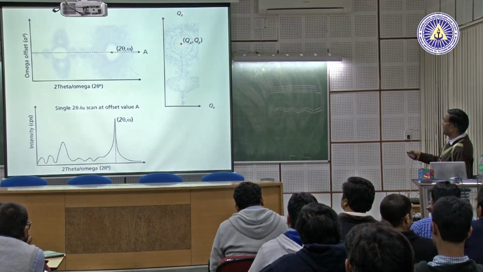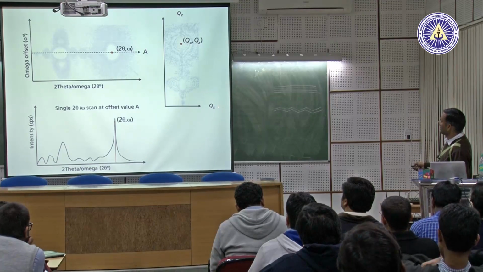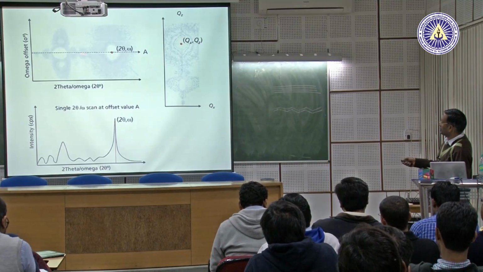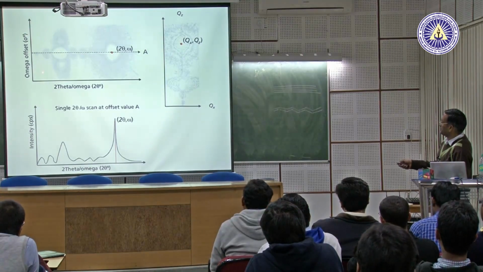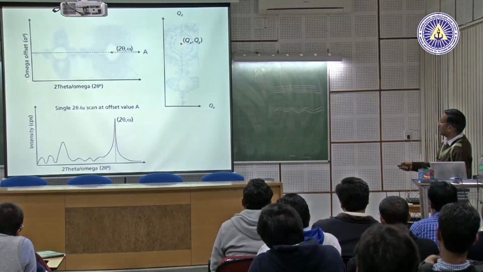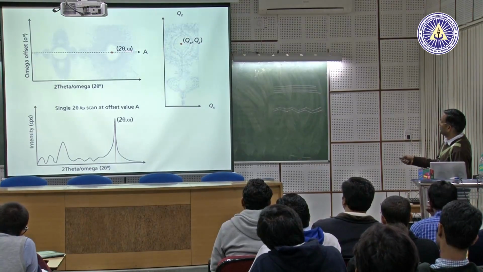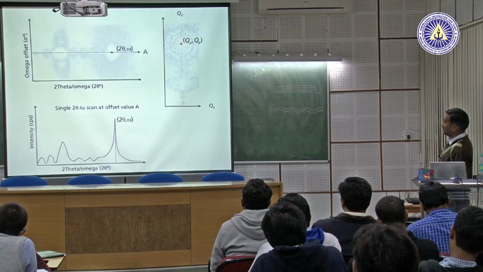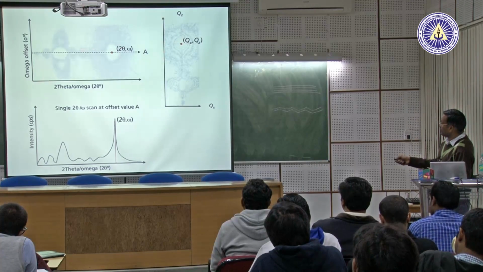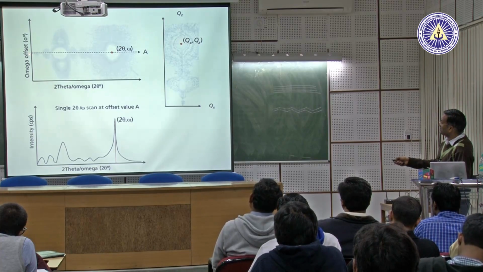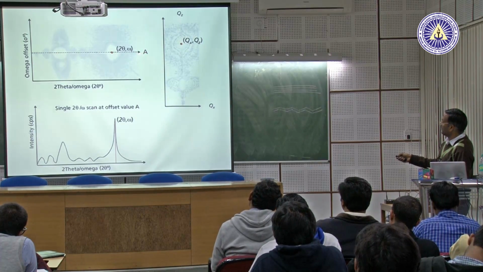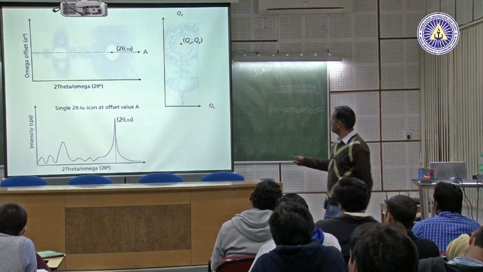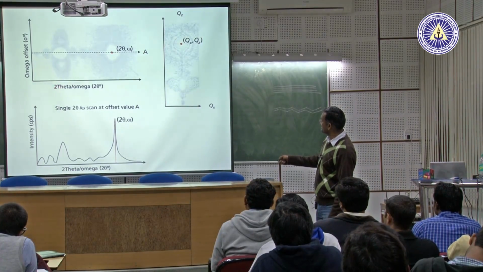This is the reciprocal space map in qx and qz direction. This particular plot is a plot of omega offset versus 2 theta omega, which can be translated into qz and qx by a transformation of axes. If you choose a particular horizontal line which is at constant offset, which means constant offset theta minus omega, I can make a plot of intensity versus 2 theta omega.